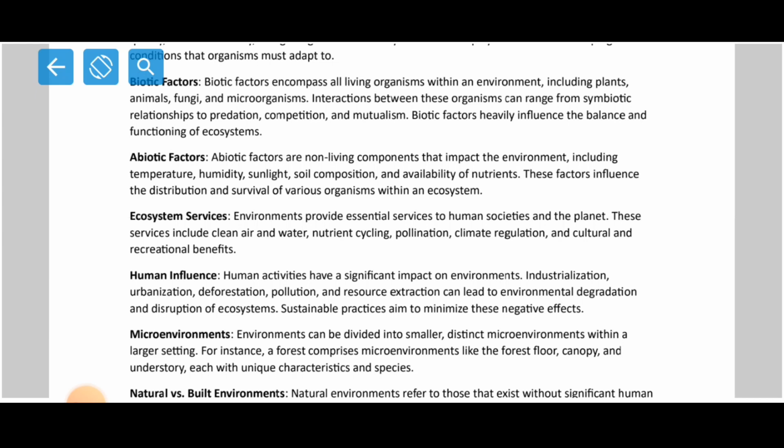The nutrients are getting cycled, then pollination takes place. Pollination is the fertilization of the flower. Then climate regulation: sometimes we get the rainy season, sometimes winter, summer, autumn or spring. And there are cultural benefits as well as recreational benefits which we can obtain from ecosystem services.